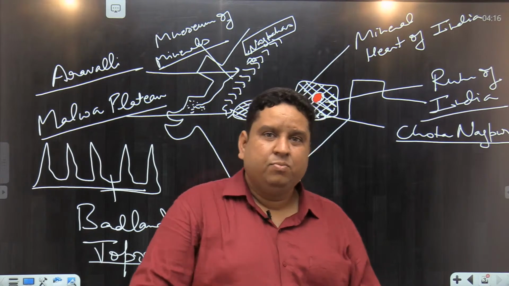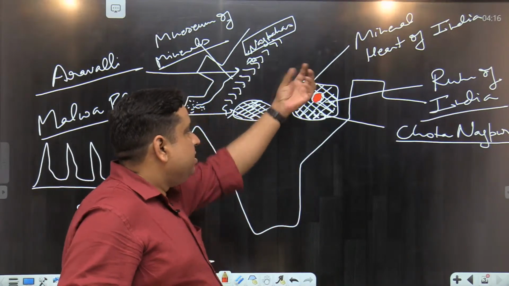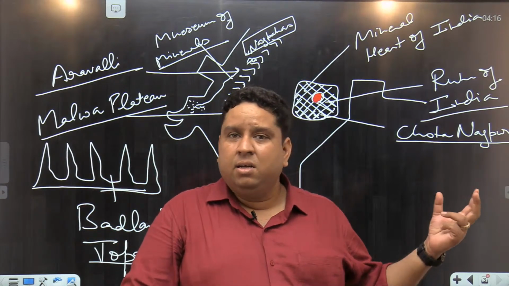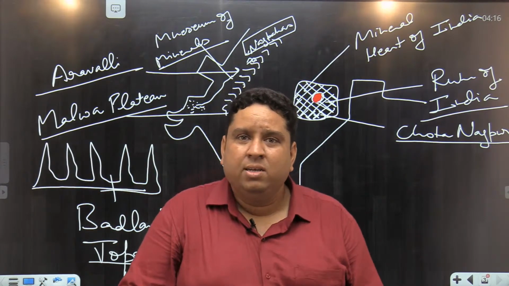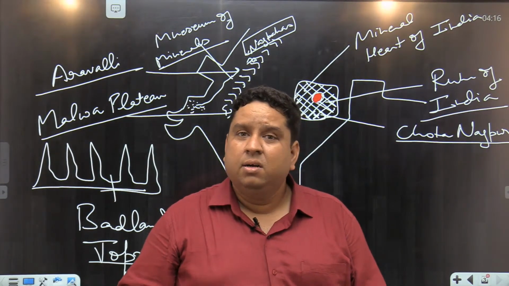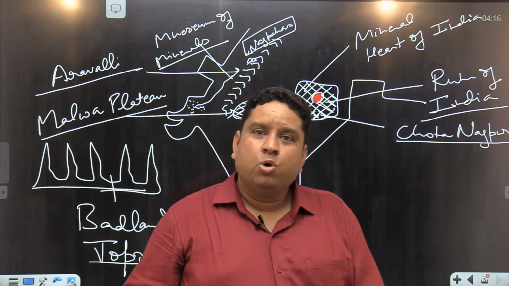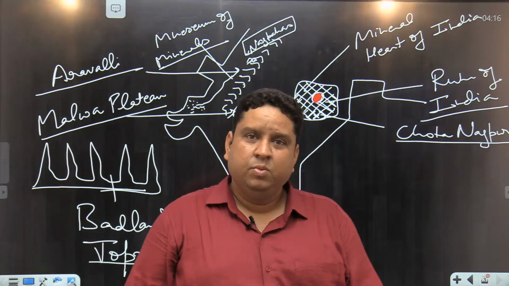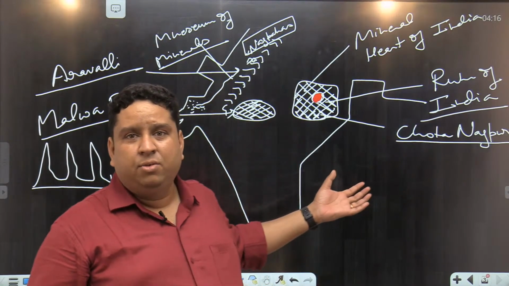So the first thing is that the industry has to be located within the raw material source. The Chota Nagpur Plateau region has some of the largest coal mines of the world, for example Raniganj, Jharia, Bokaro. These are prominent coal mines and are located within the region.